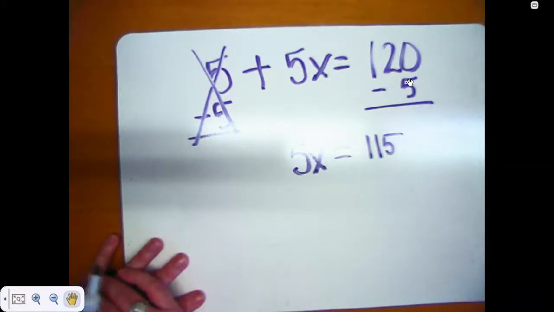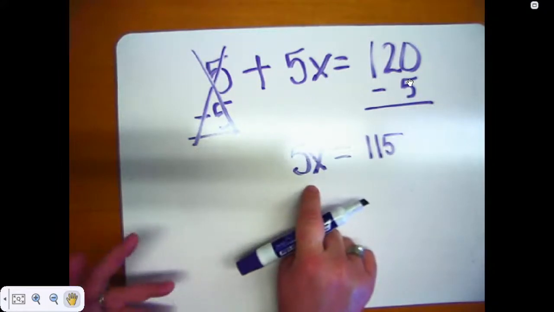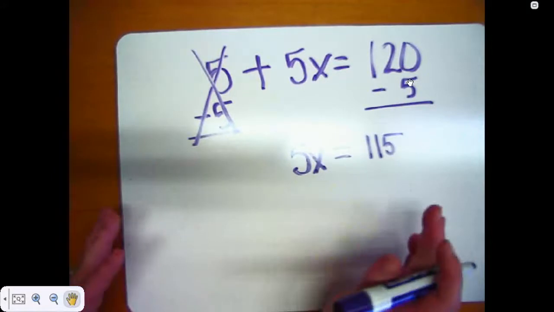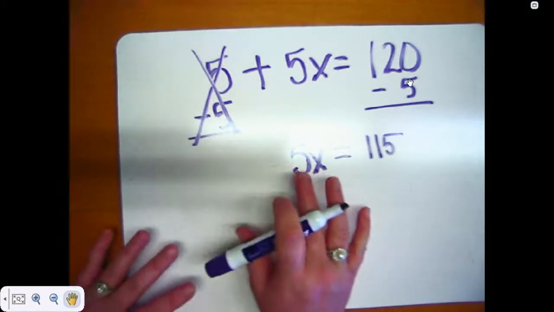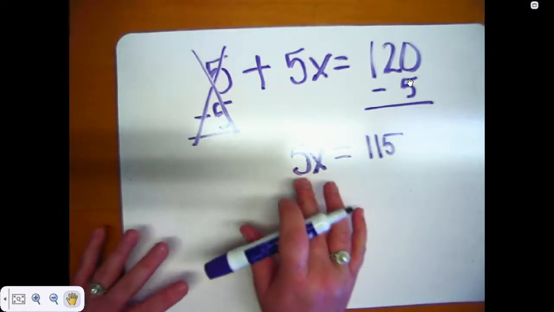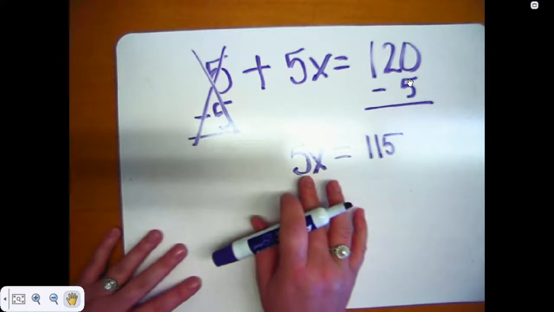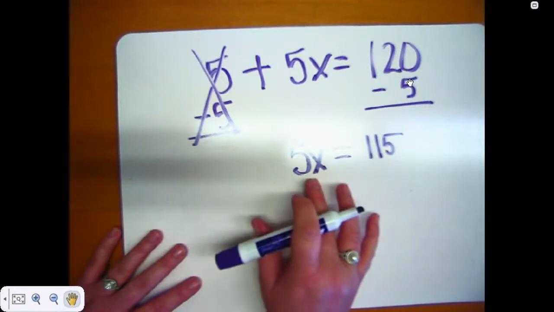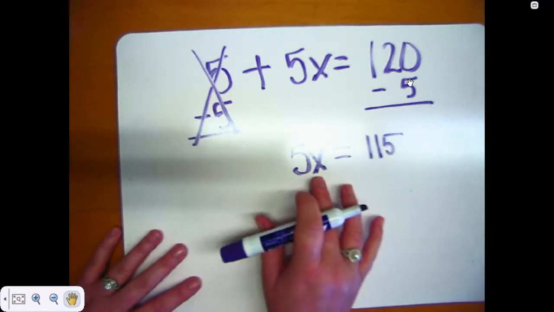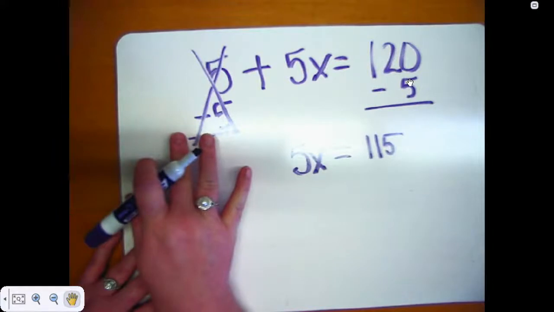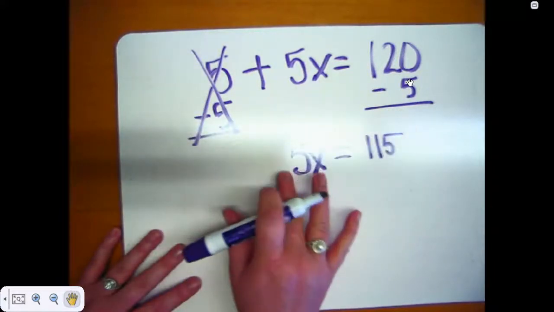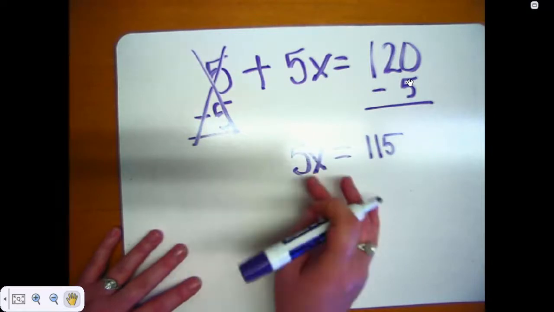And I want you to think about this. We're really doing the inverse operation because right now we want to get x by itself, but it's still attached to this 5. And we know that when it's attached to a number, or its coefficient, that means we're going to multiply these two. So to do the inverse, we did the inverse here to get negative 5 on both sides. So now we're going to do the inverse here, which is, it's being multiplied.